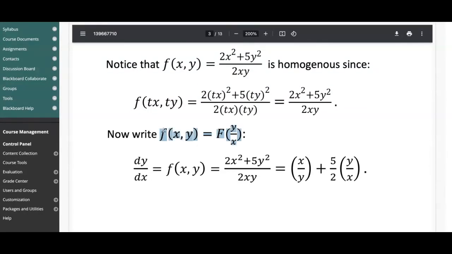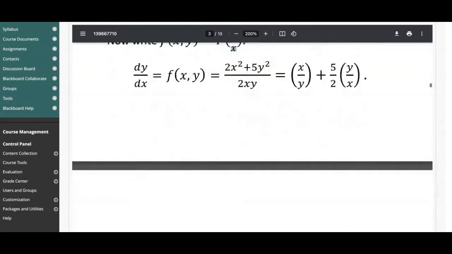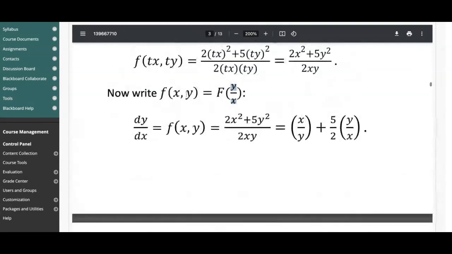So now we use the method: we use a v, a nu, to represent the ratio y to x. We rewrite this function as this. We're going to use another variable to substitute y over x.